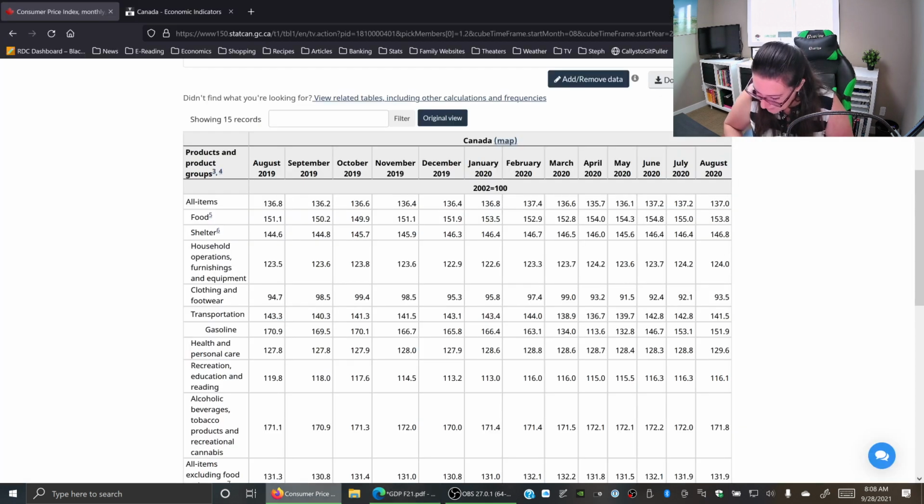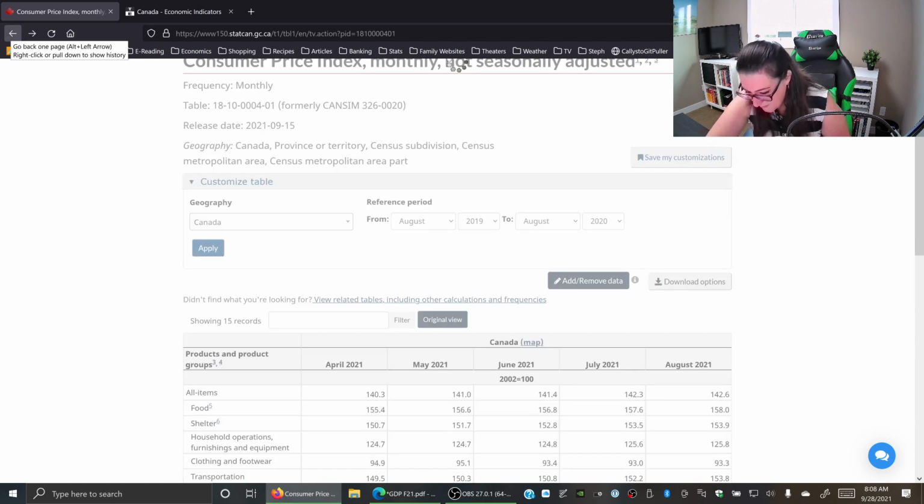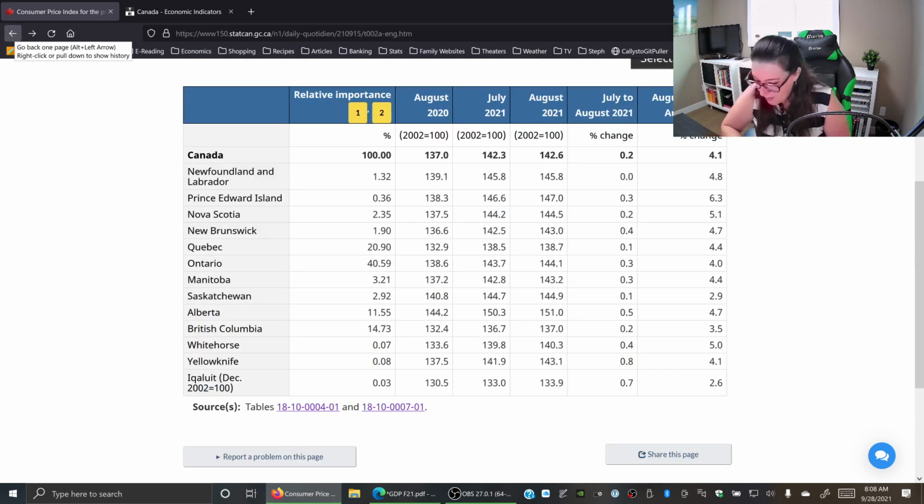If we compare that to what we saw, if I go back twice here, notice from August 2020 to August 2021, if we take 142.6 minus 137, divided by 137 times 100, we're going to get 4.1%.